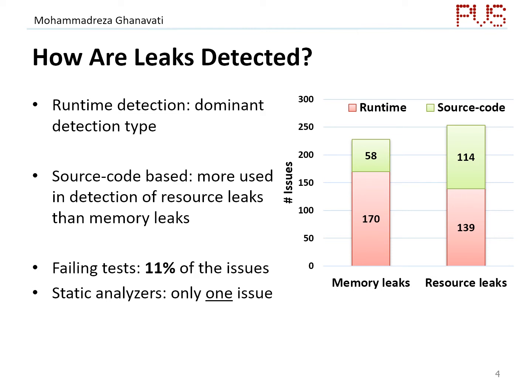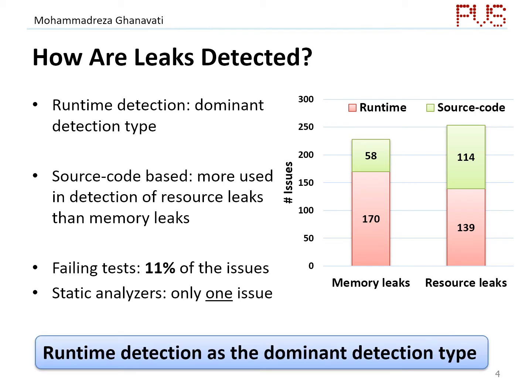First, in about 11% of the cases, a failing test caused a leak to be detected before the issue was reported, and only in 1 case, the leak was reported by a static analyzer. It is possible that developers already use static analyzers during code development and fix bugs which could be found by static analyzers. Therefore, this result shows that runtime detection is still the dominant detection type.